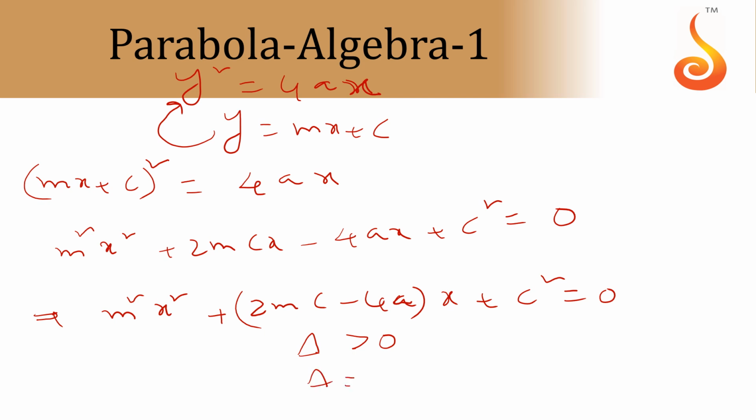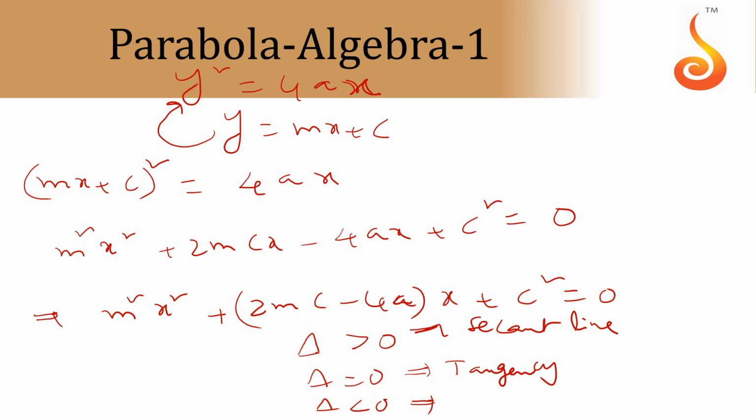If discriminant equal to 0, the line meets the parabola in two coincident points. See the statement, the line meets the parabola in two coincident points. This is the situation of tangency. And this is the situation of a secant line. When delta is less than 0, the line does not meet the parabola.